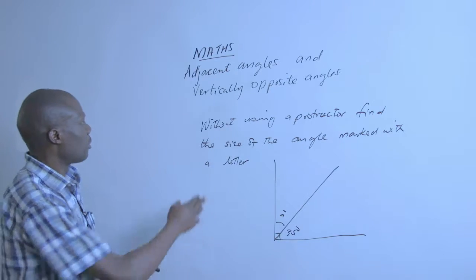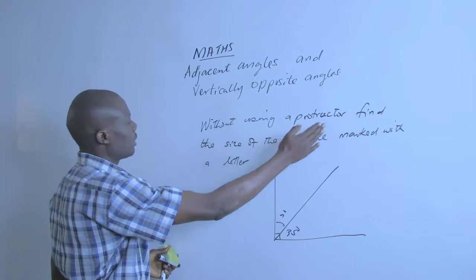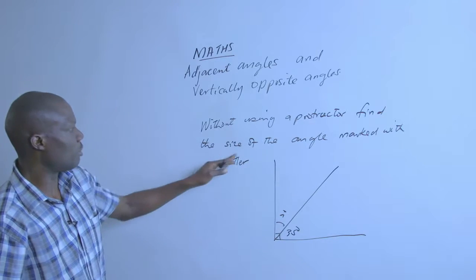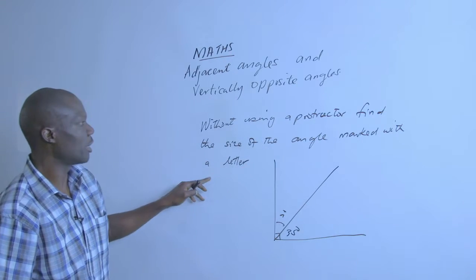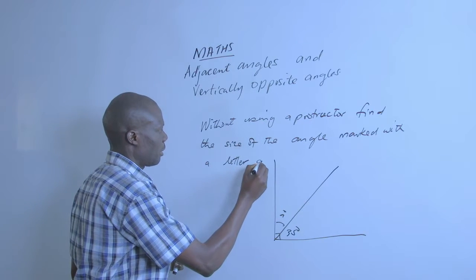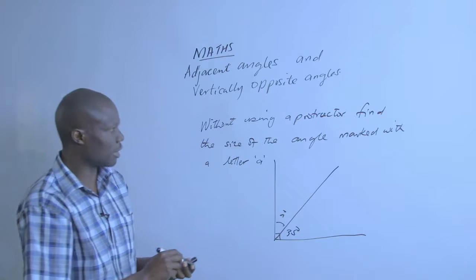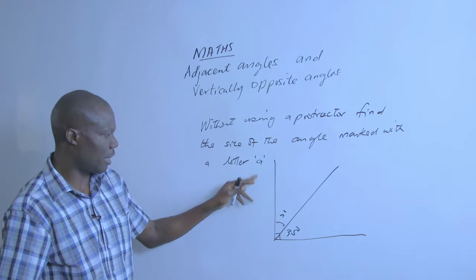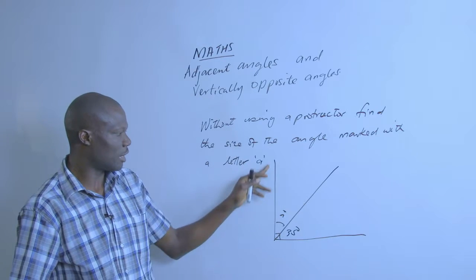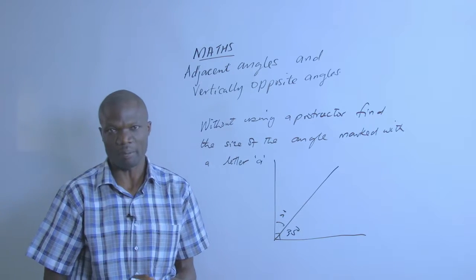Without using a protractor, find the size of the angle marked with a letter A. This is the angle we are looking for, given that this is the diagram.